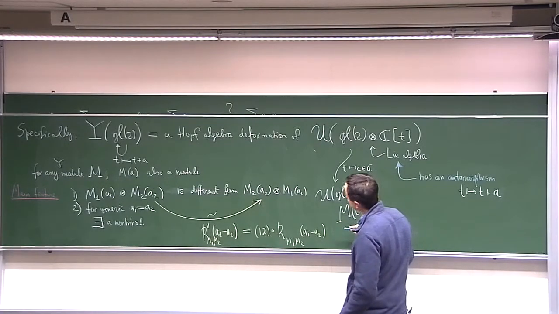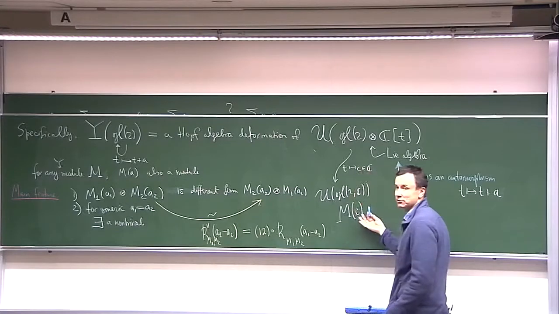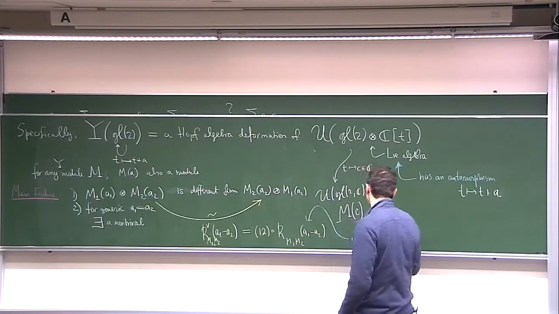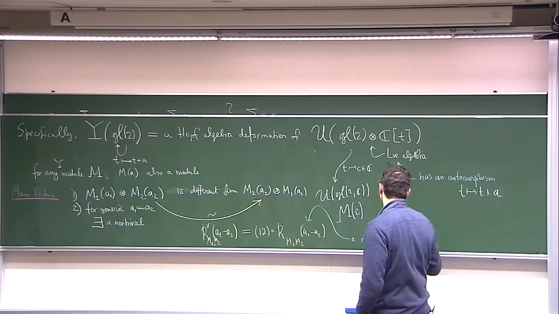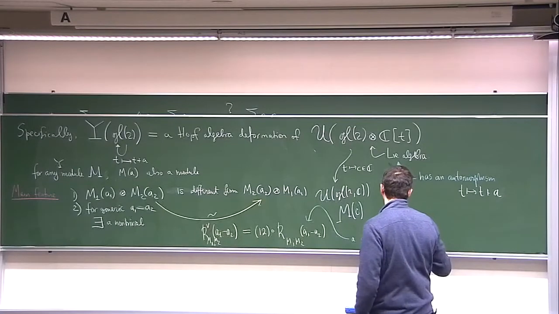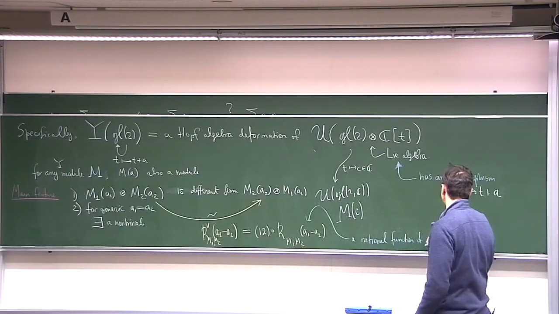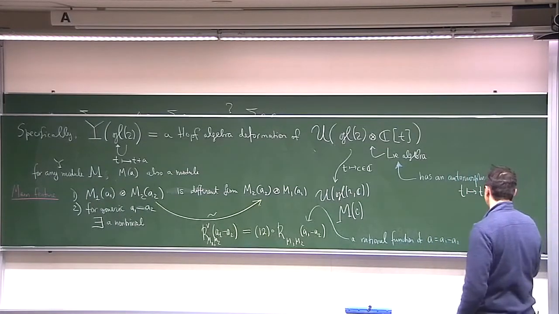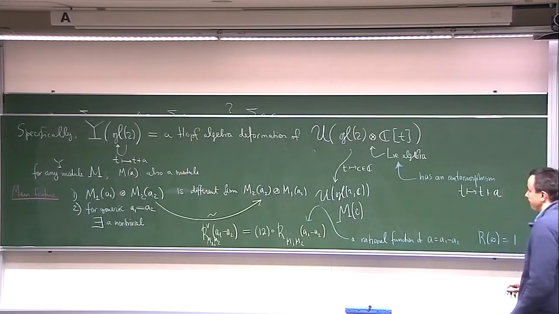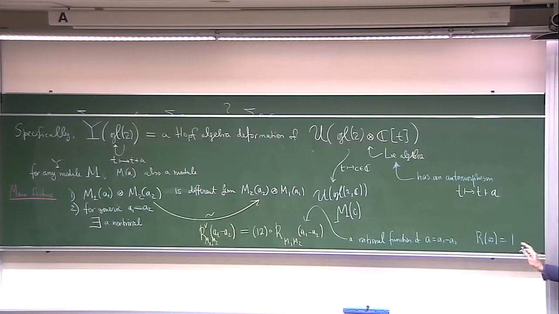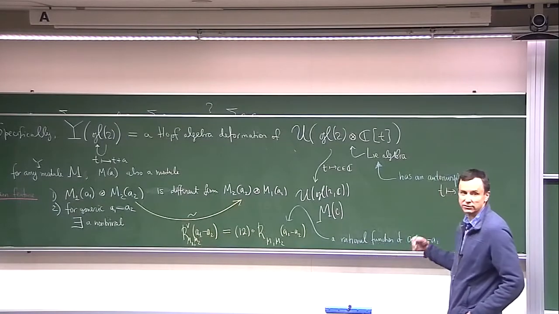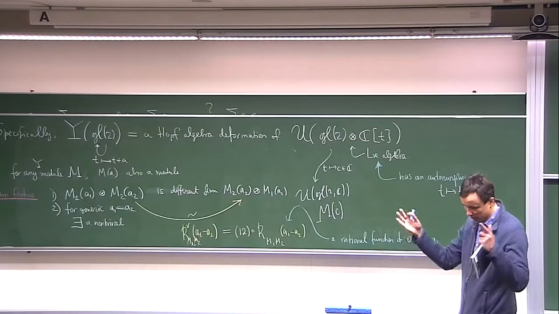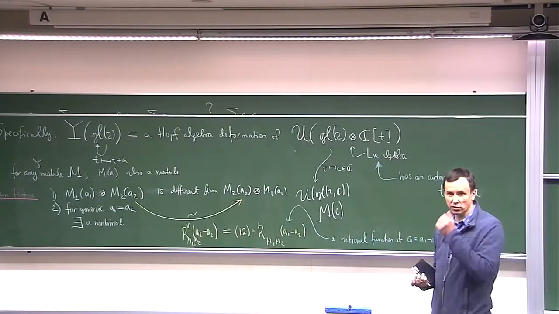In fact, for this sort of module, this will be a rational function of a1 minus a2, normalized such that R of infinity is 1. That's a normalization condition, not so important. But the fact that this is a rational function means I have a map whose kernel and cokernel jump.